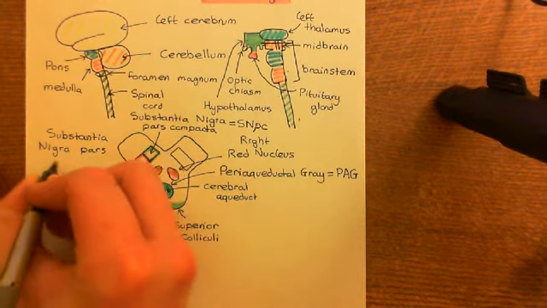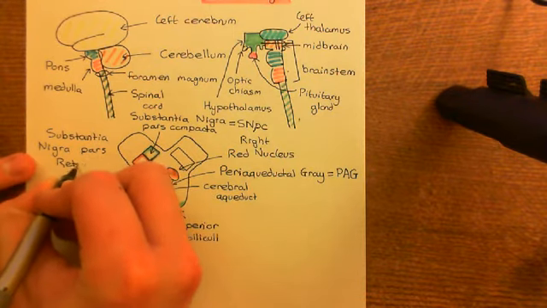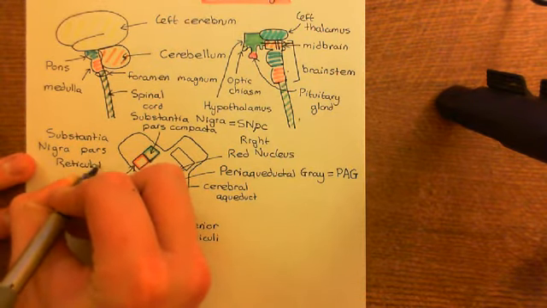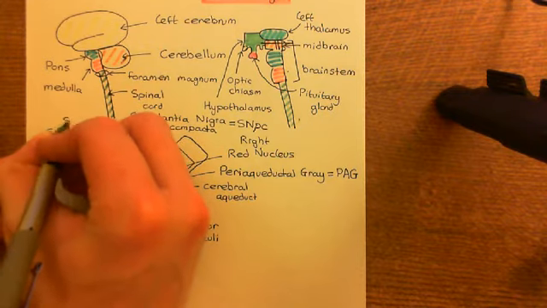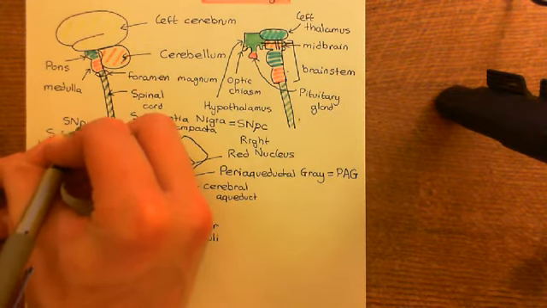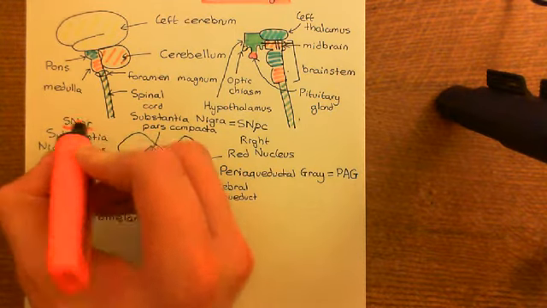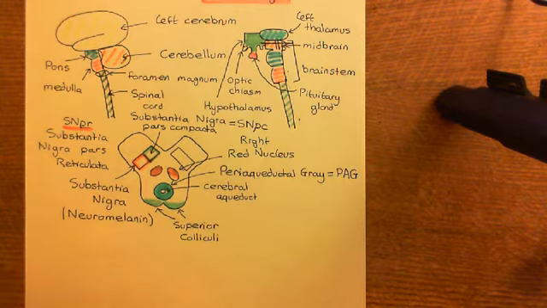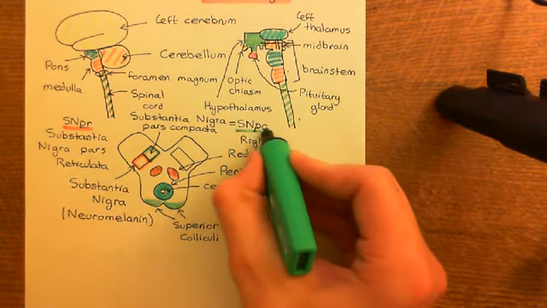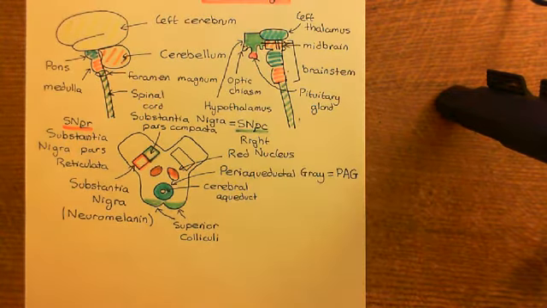Pars reticulata. For short, the substantia nigra pars reticulata is abbreviated to the SNPR. We will use these abbreviations from now on: SNPR for the substantia nigra pars reticulata and the substantia nigra pars compacta, the SNPC.